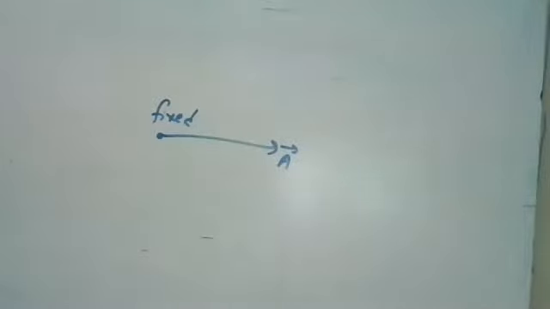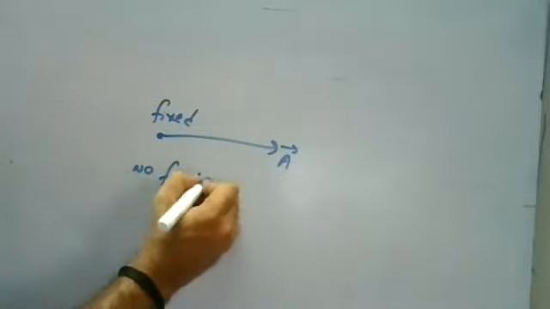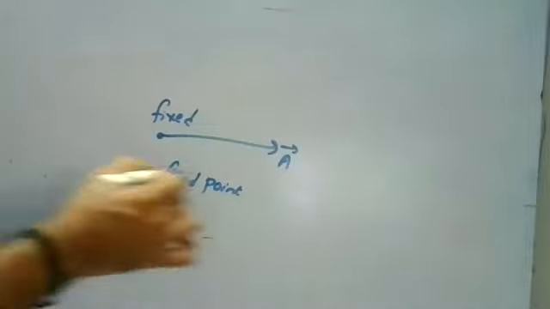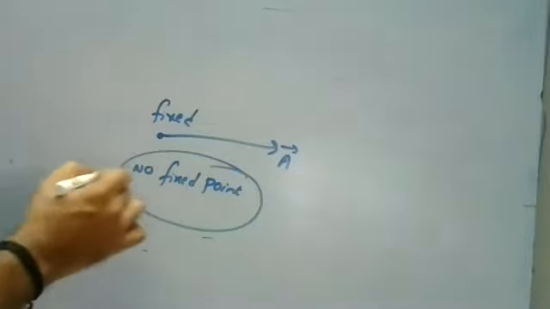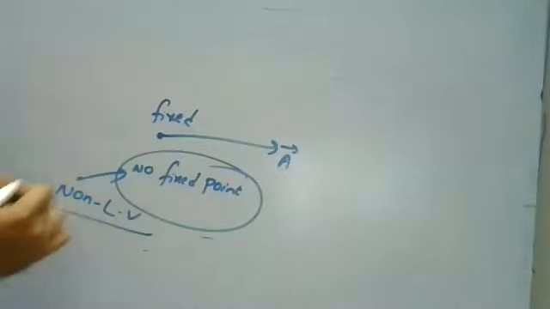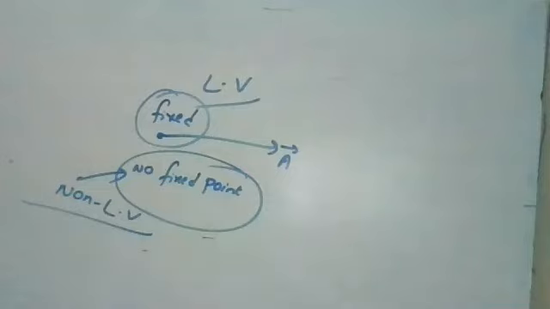Non-localized vector has no fixed point. It can start from any point and go to any point, without any proper fixed point. This is your non-localized vector, and that is the localized vector.